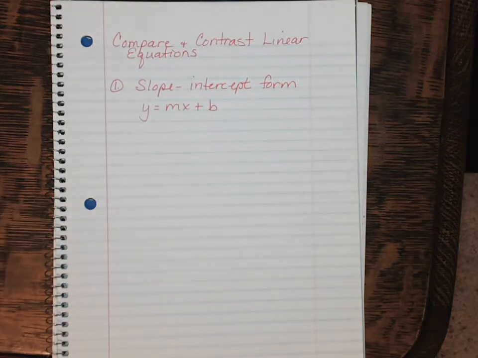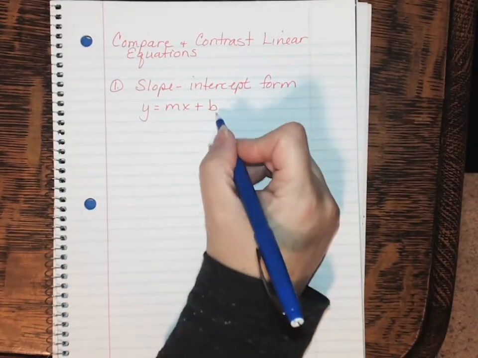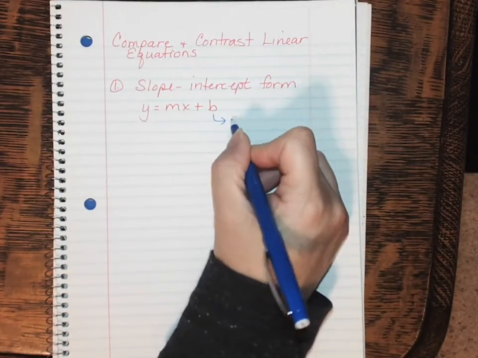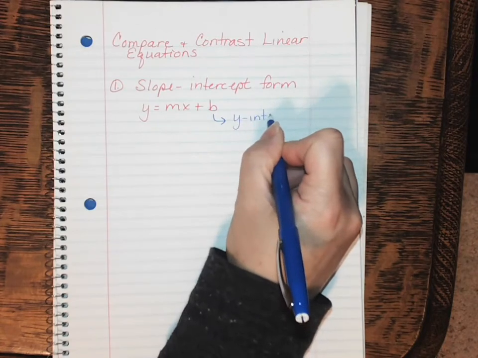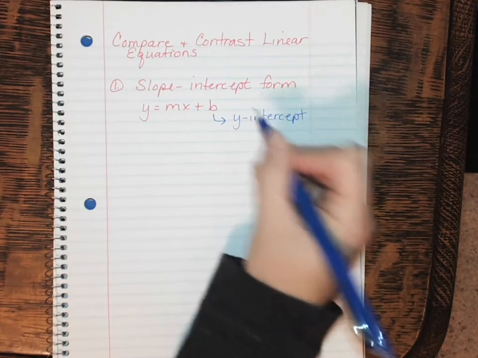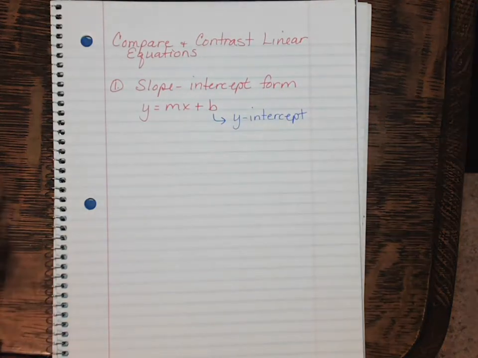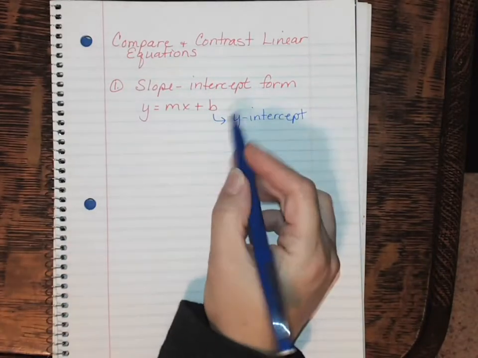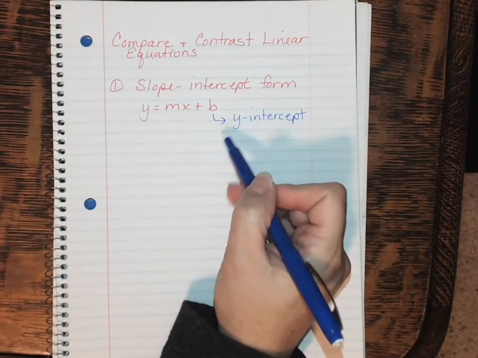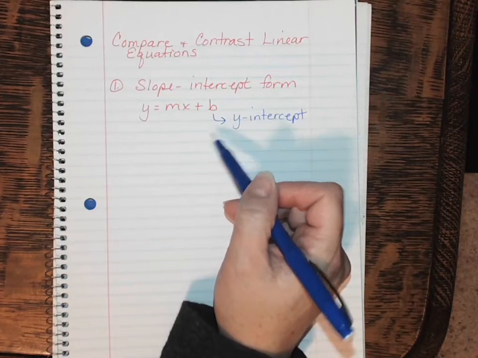The way that we would use this, if we wanted to graph a line, is we would start at our y-intercept. On the graph, we would find the exact location where our line that we're drawing intersects with the y-axis.